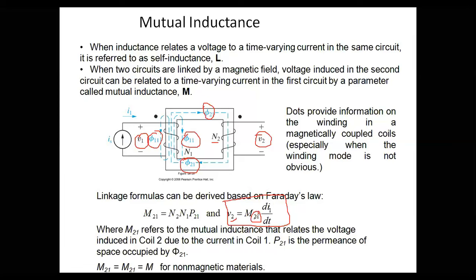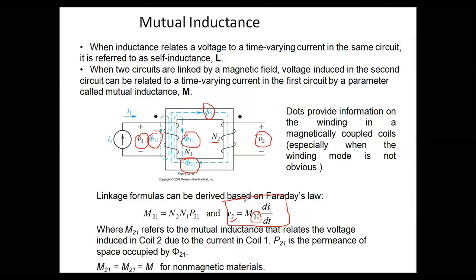So M21 represents the mutual inductance of this V2 based on the current passing through coil 1. When current is passing through coil 1, it induces a voltage V2 on coil 2. So the mutual inductance based on the magnetic field between the two coils is what we refer to as M21.